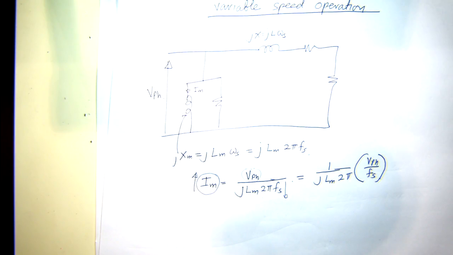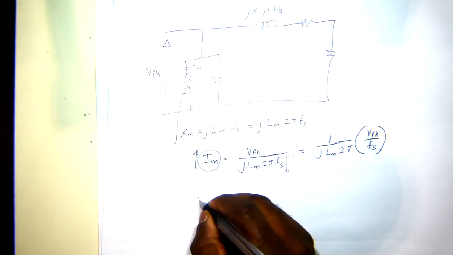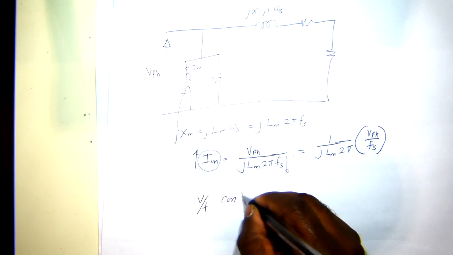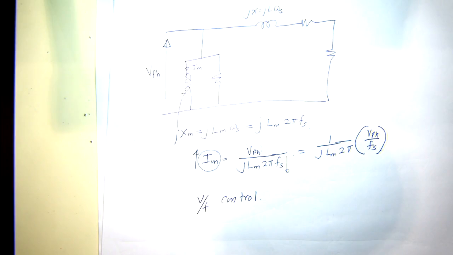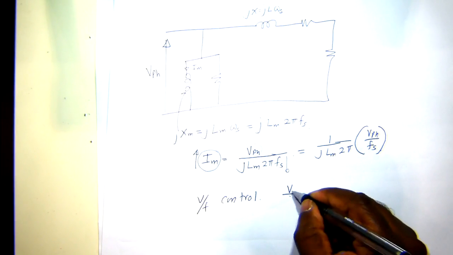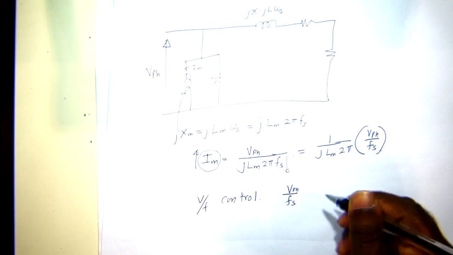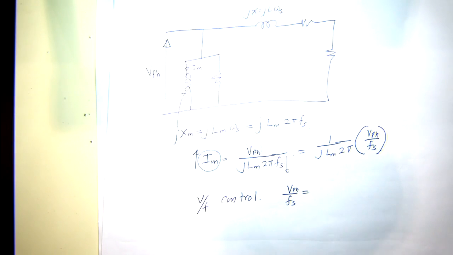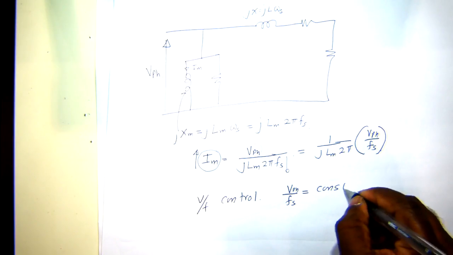So that's called V over F control. That means we keep the phase voltage divided by the synchronous speed, the excitation frequency, constant.